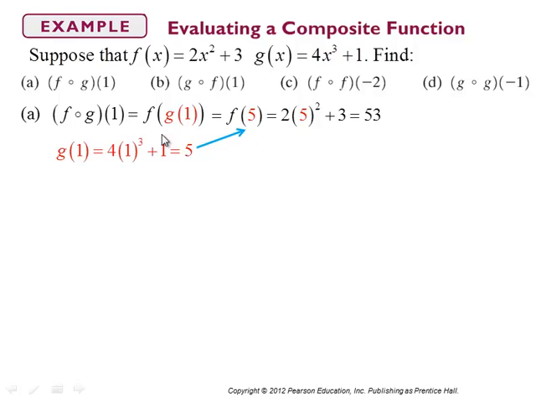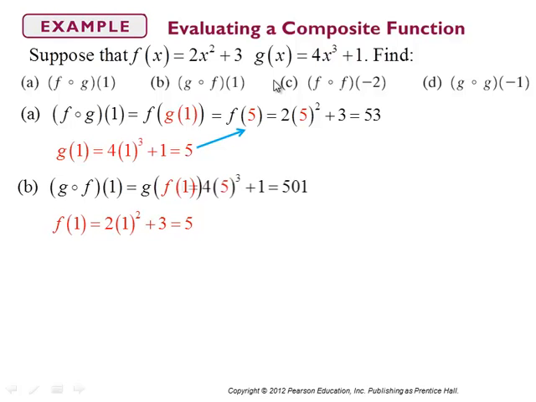And this is exactly how you carry out that composition and evaluate at a particular point. The output of g is the input of f. Let's go ahead and find g of f of 1. Now g of f of 1, well, f of 1 is 2 times 1 plus 3, which is 5. So now we're looking at g of 5.